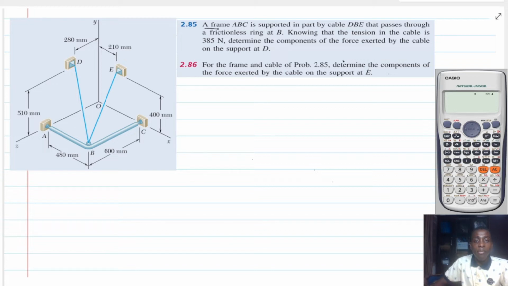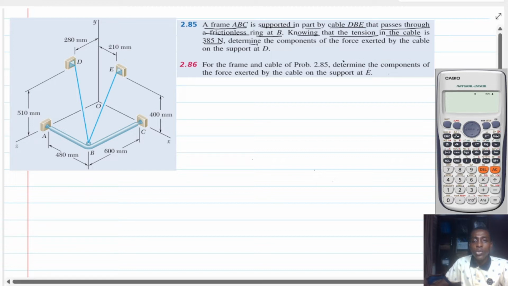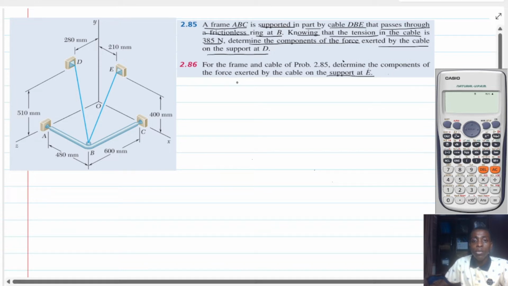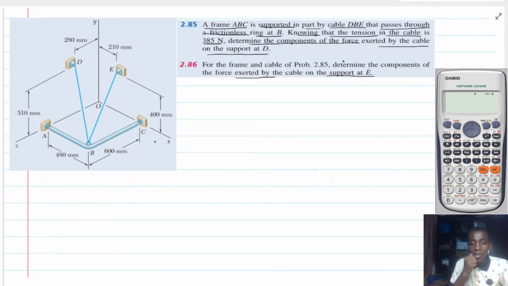A frame ABC is supported in part by cable DBE that passes through a frictionless ring at B. Knowing that the tension in the cable is 385 newtons, we should determine the component of the force exerted by the cable on the support at D. In fact, this is the same problem, but this time we will find the component of the force exerted by the cable on the support at E. So this is the summary of the problem.